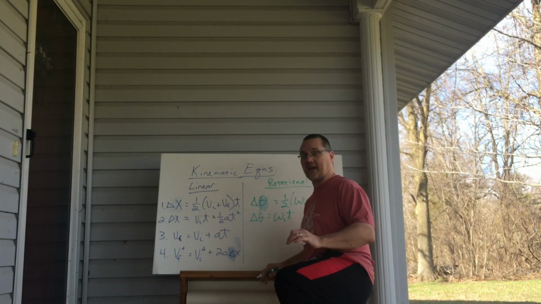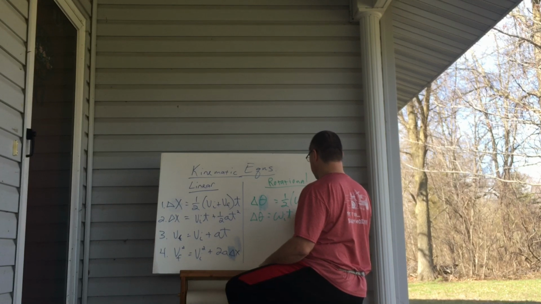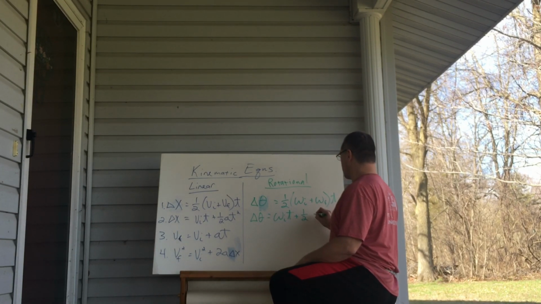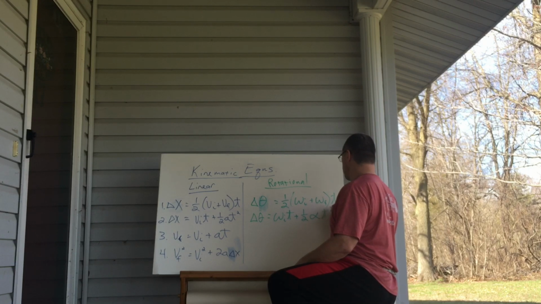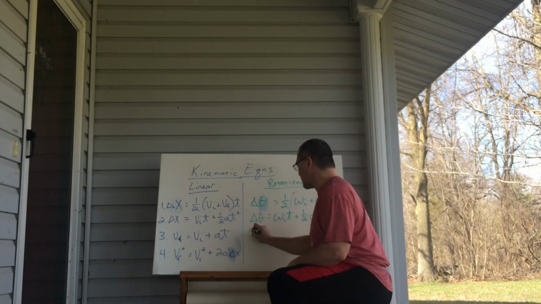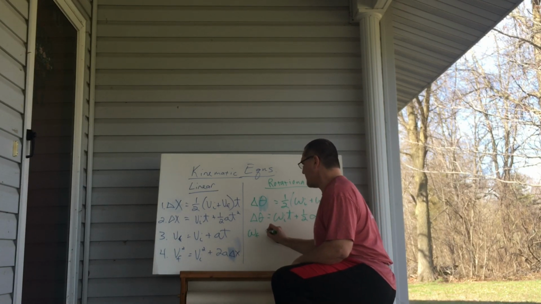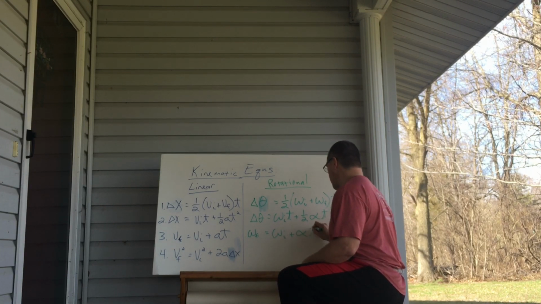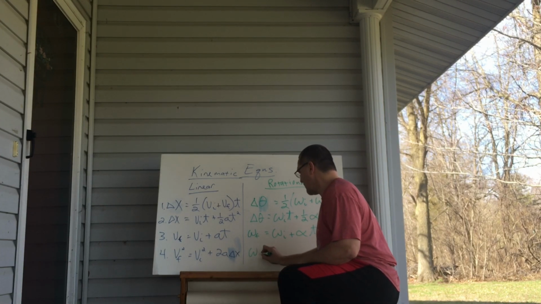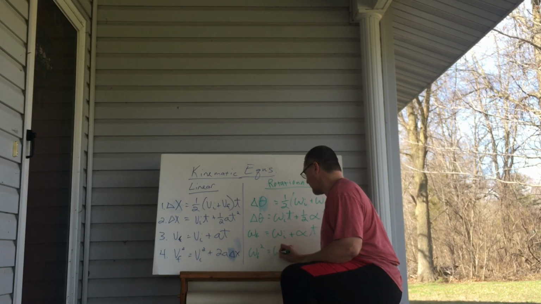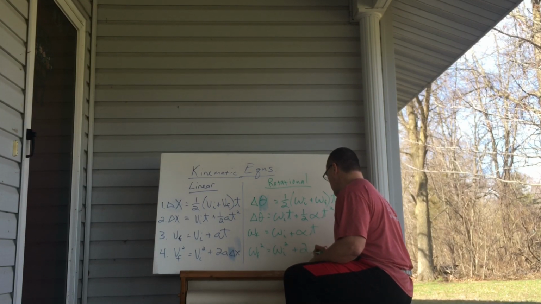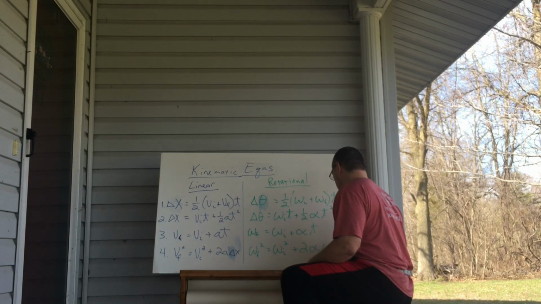Time is the same in both cases. Time doesn't change. Well, actually, it's always changing, but plus half alpha t squared. Hopefully you get the picture. Omega f equals omega i plus alpha t, and then omega f squared equals omega i squared plus 2 alpha change of theta.